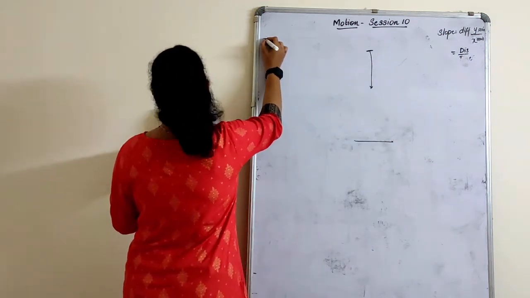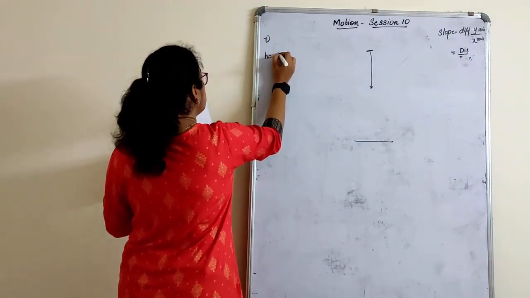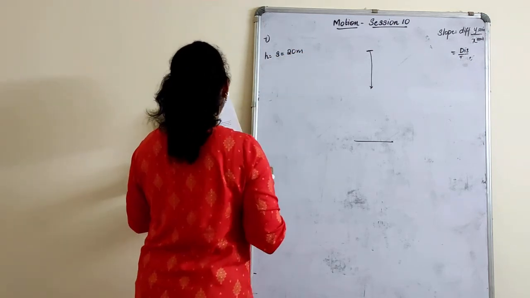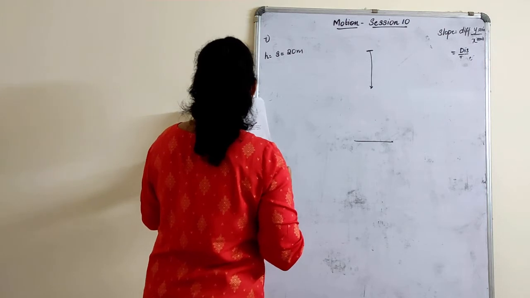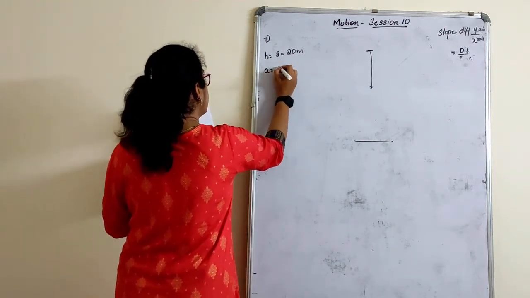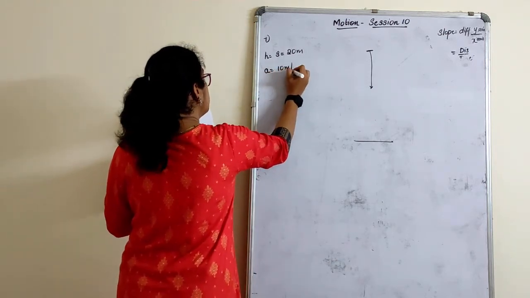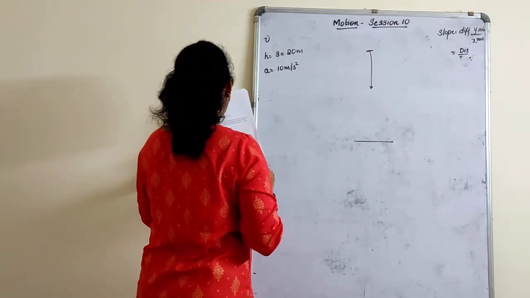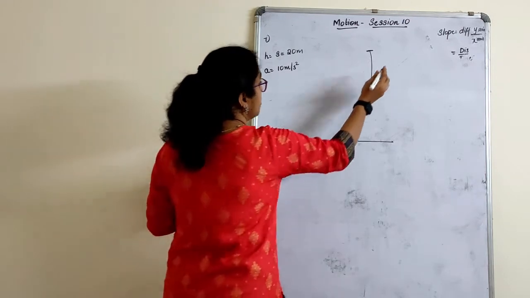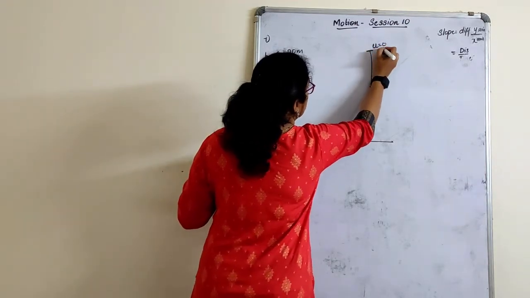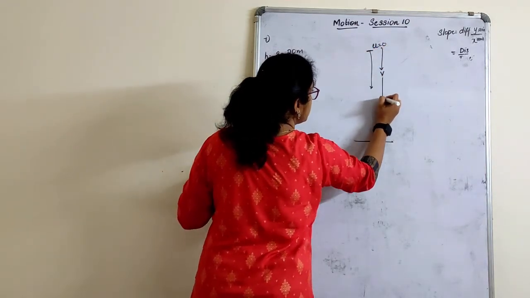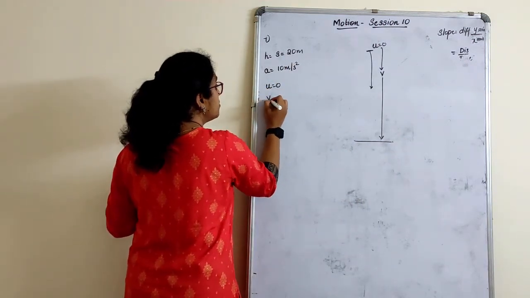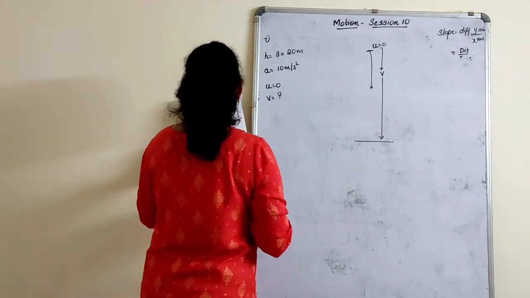Height is nothing but the distance, displacement, that is 20 meters. If its velocity increases uniformly at the rate of a is equal to plus 10, why? Because it is falling down. With what velocity will it strike the ground? U being 0, V is equal to question mark.